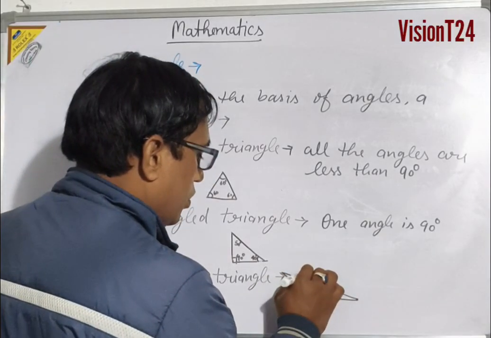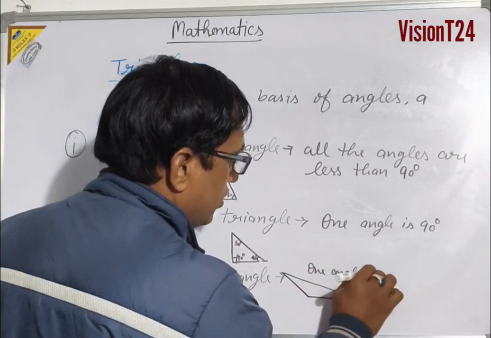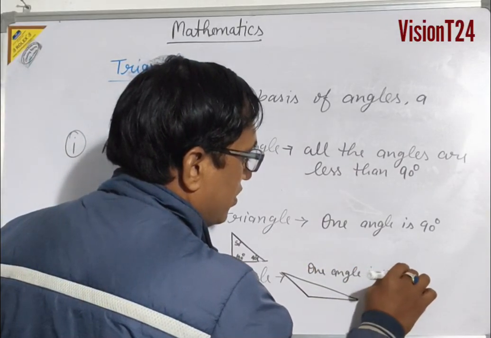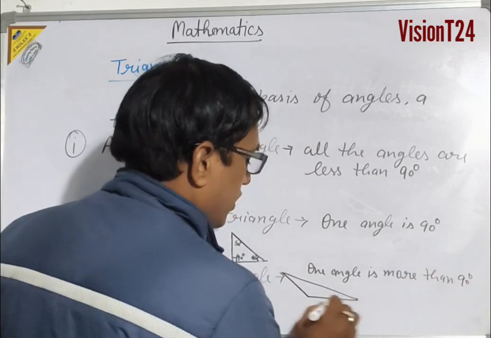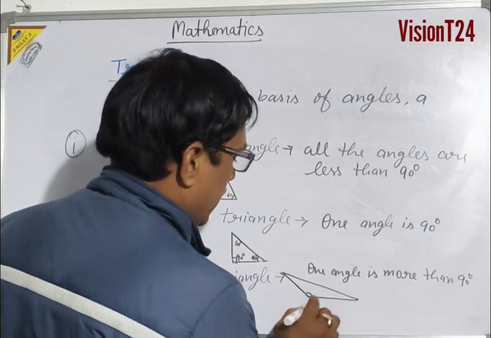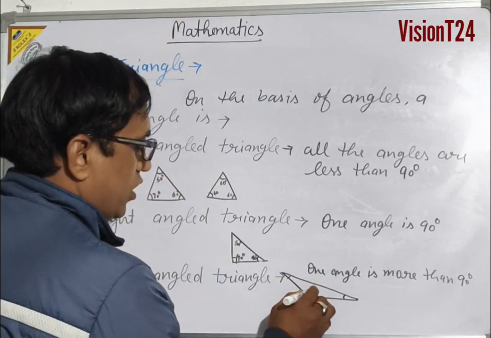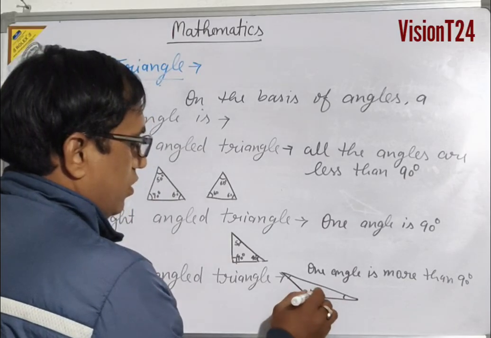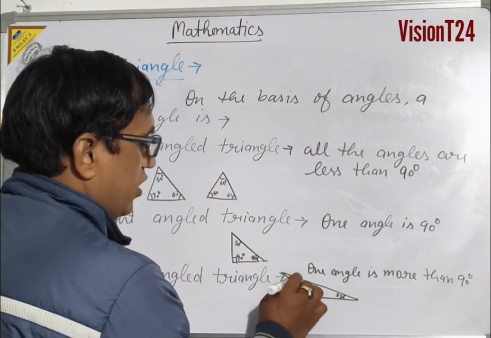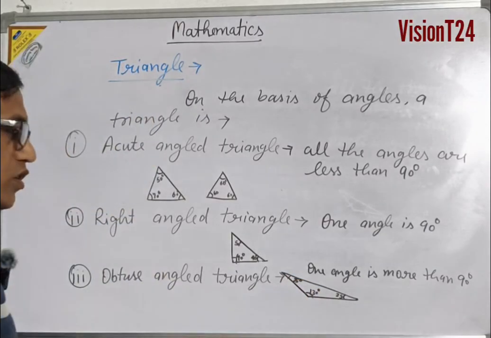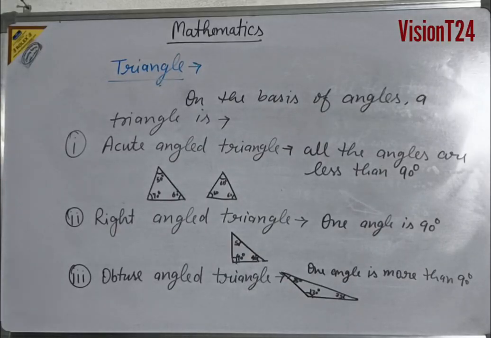It means one angle is more than 90 degree. So this is more than 90 degree and these two are acute. Suppose this is 130 degree. This is 25 degree. This will also be 25 degree. Because the sum total is 180 degree.